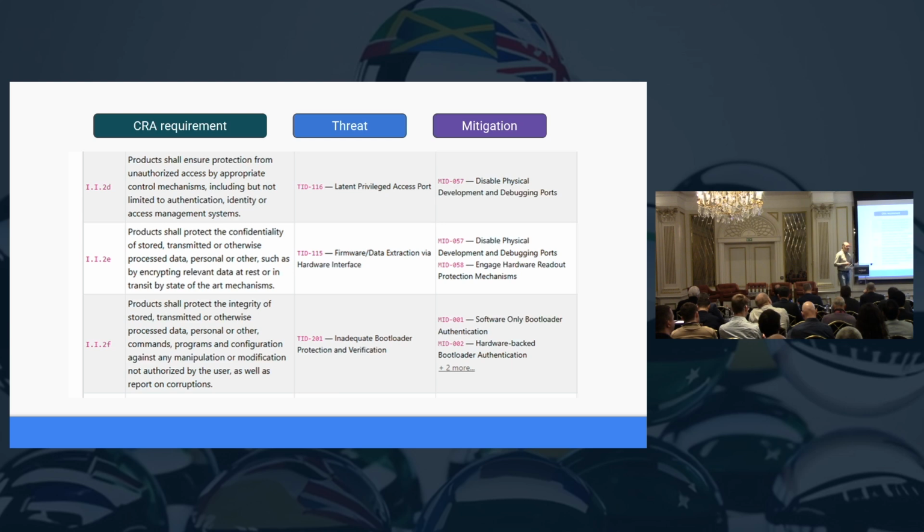You can create a mapping of the threats available in Mitra to the essential requirements available in the CRA, so you can demonstrate to market authorities the work you have done in your risk assessment and in meeting the CRA essential requirements. And in practice, this is a framework that I would say looks very, very promising.